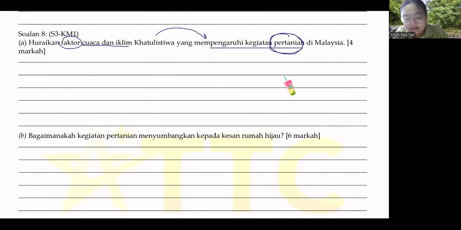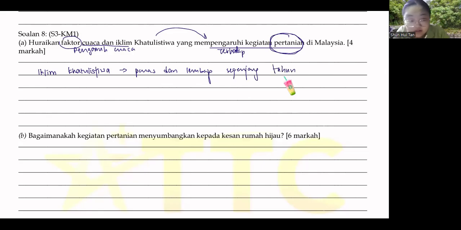So basically it is pengaruh cuaca terhadap pertanian. Mempengaruhi means affects. How they affect the plantation. Then you got to tell me that iklim khatulistiwa, panas dan lembab sepanjang tahun.